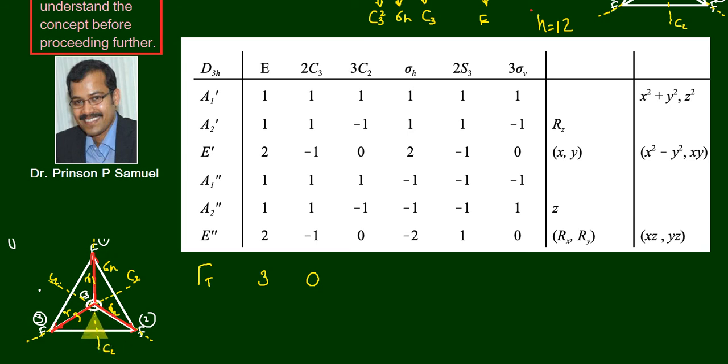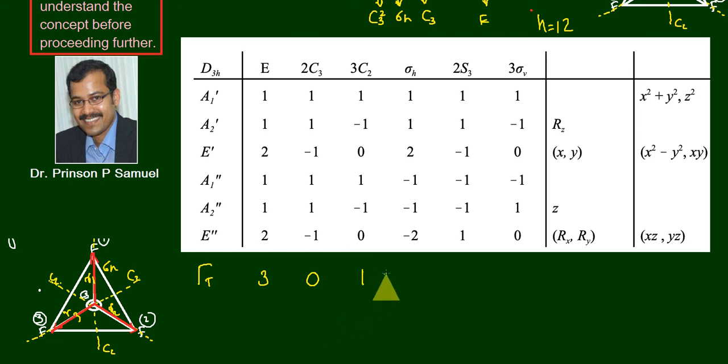For example, if you are performing the C2 operation through the R1 vector, then R1 will retain its position, but R3 and R2 will exchange their position. So what is the total character corresponding to the C2 operation? The number of vectors retaining their position, that is equal to 1.